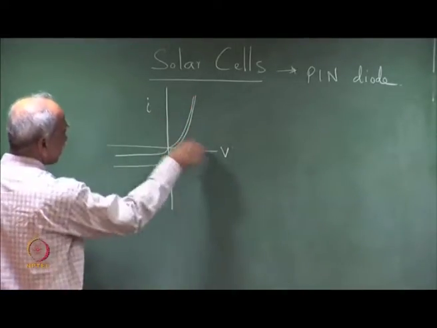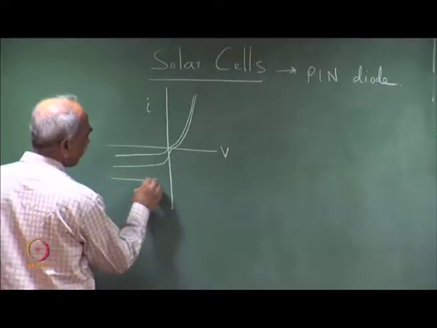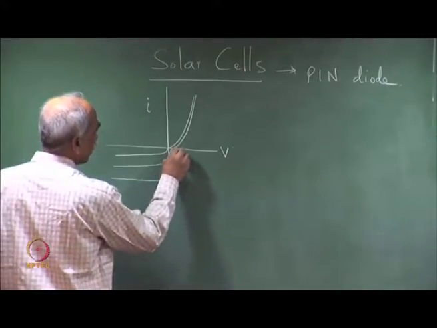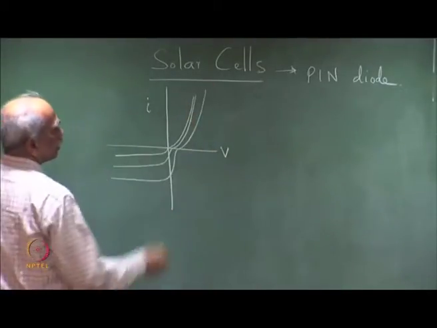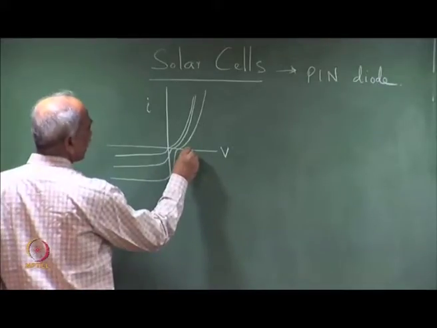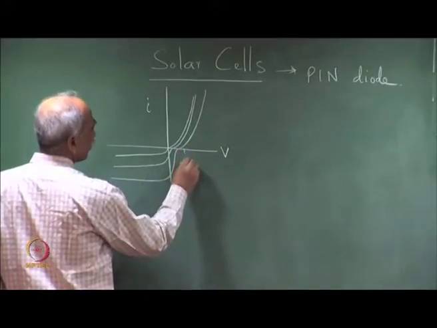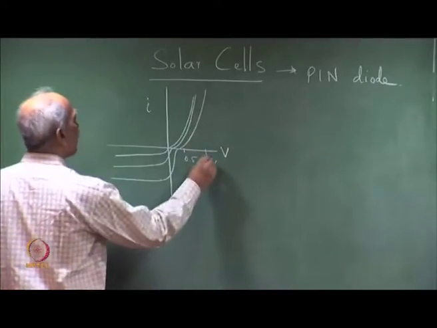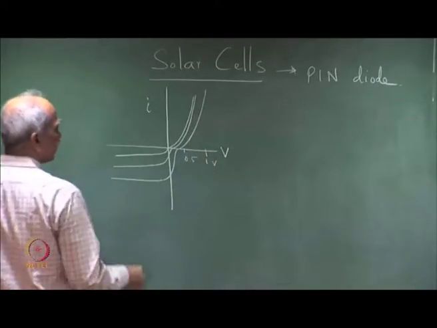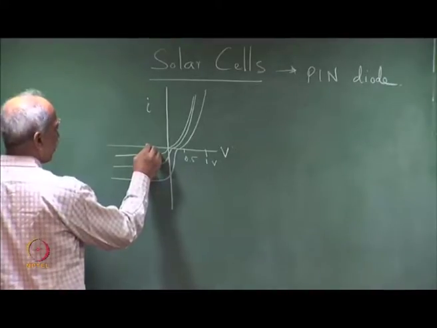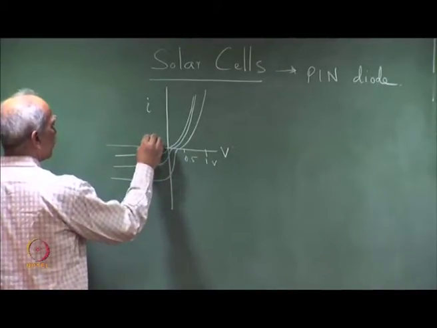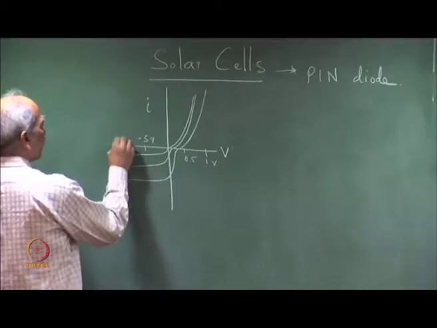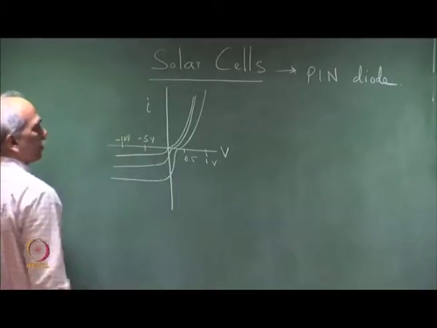The scales on the x and y axes are different. For example, here the numbers are 0.5, 1.0 volt, and here we are talking of 5 volt, -5, -10, and so on.